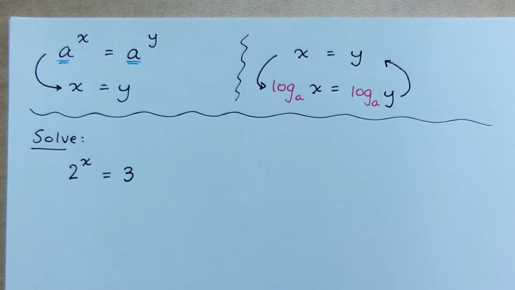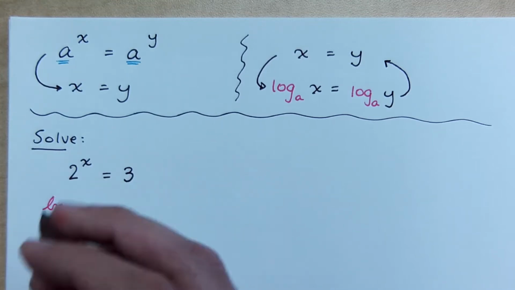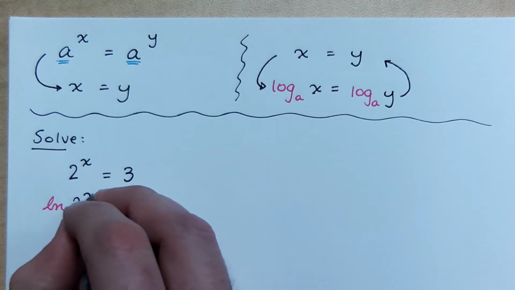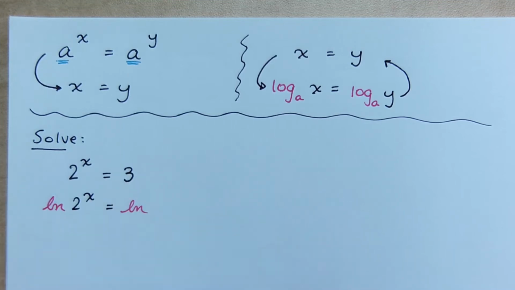I don't care what you use, as long as it's the same one. So we tend to use, because we have the calculators in front of us, the natural log or the common log. So I can do this. I can apply the natural log to both the left side and to the right side, like this.